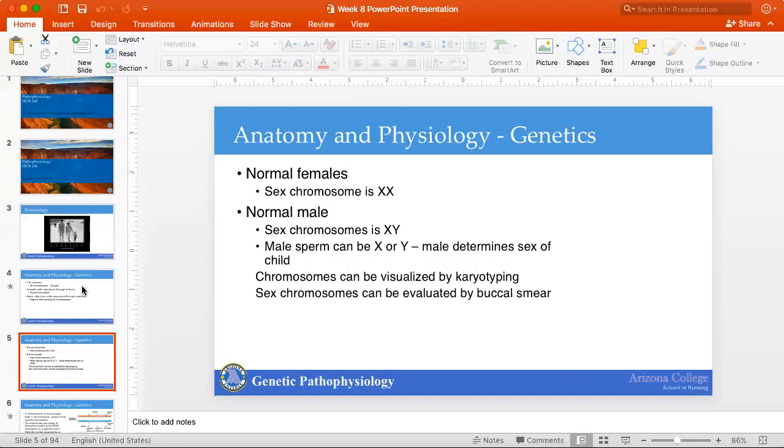In normal females, the sex chromosome, which is the 23rd chromosome in each person, is an X from your mother and an X from your father.